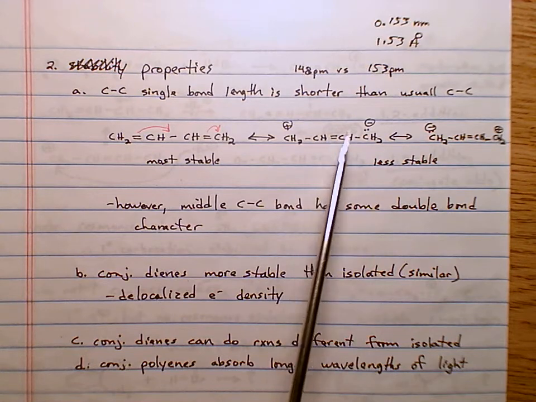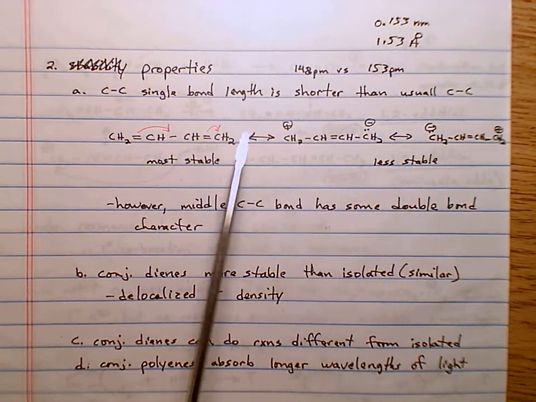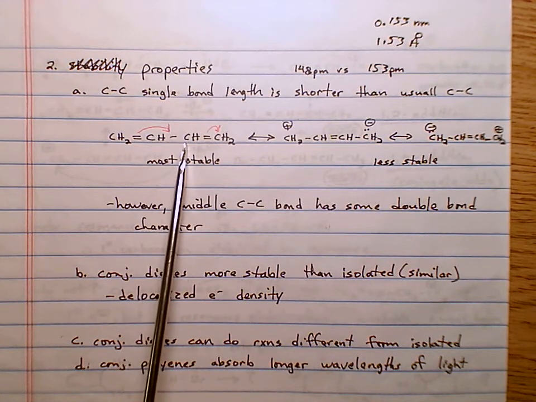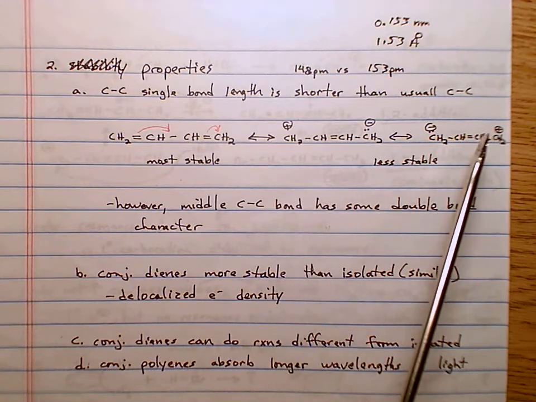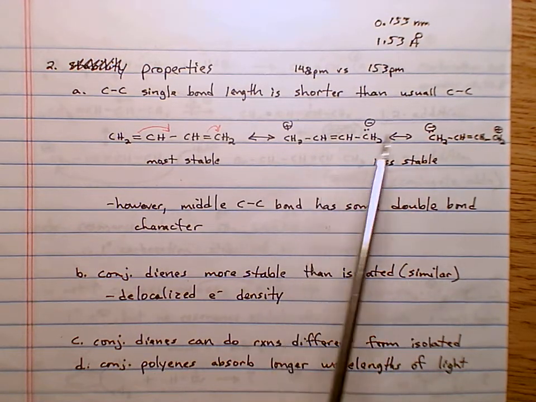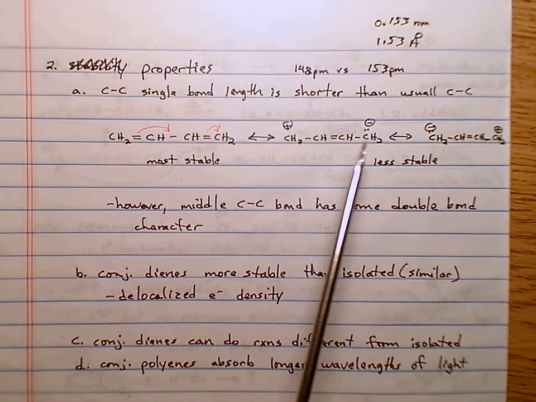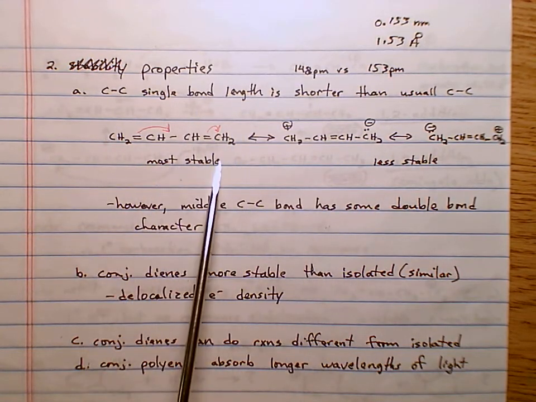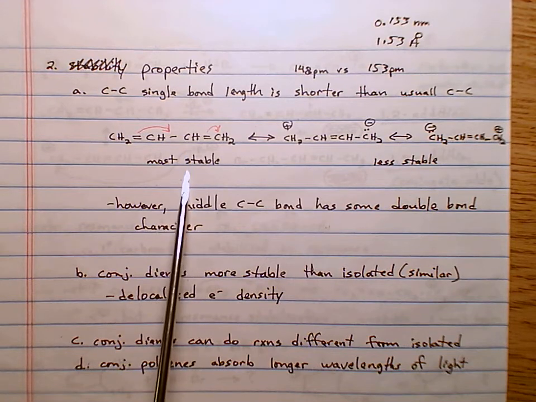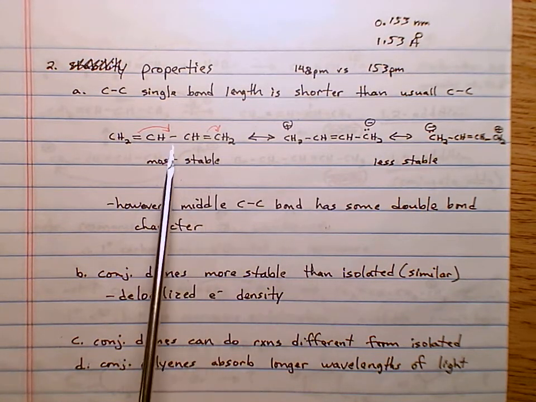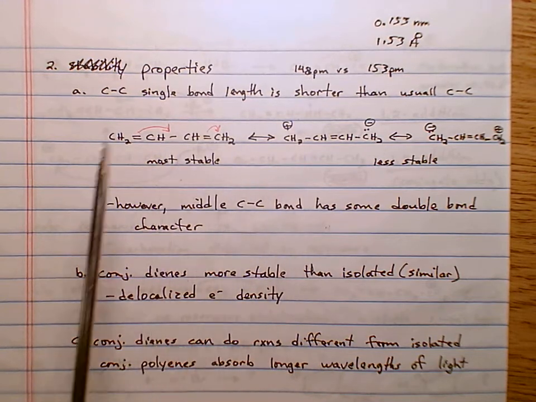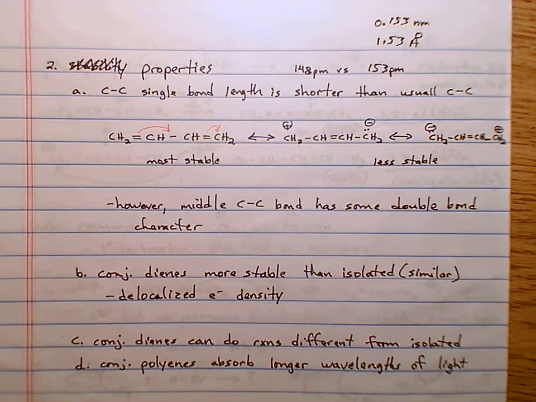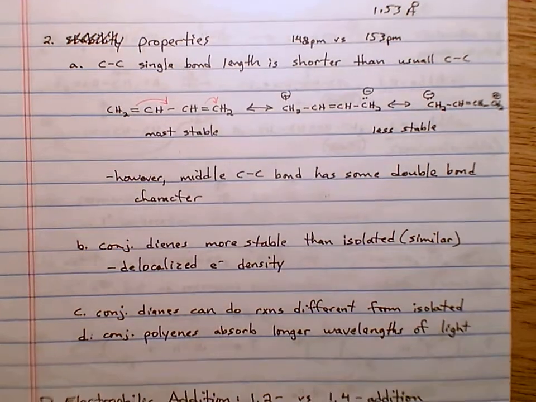So we can see that the resonance hybrid has a slightly shorter bond here due to the fact that these two less stable resonance forms that don't contribute much still have a little double bond there. And that's what gives your conjugated dienes their added stability. Conjugated dienes are more stable than you think they would be because of this shorter bond here due to the resonance.